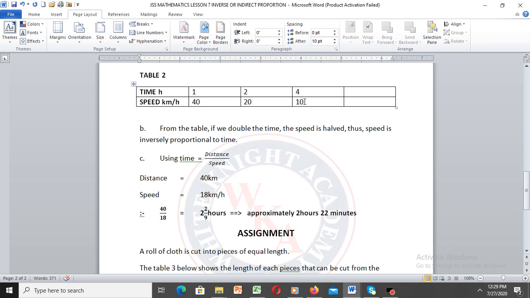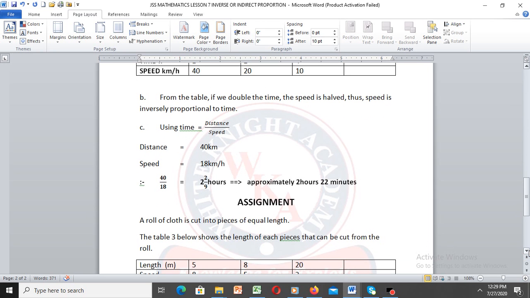And when we double from 10 kilometers per hour to 20 kilometers per hour, the time is halved from 4 to 2 hours. They are inversely related. The higher the speed, the shorter the time taken.